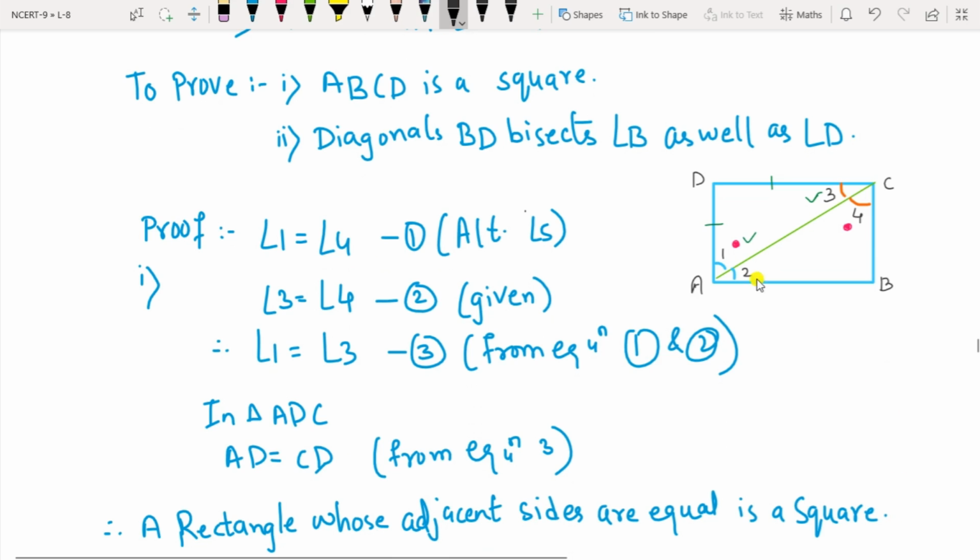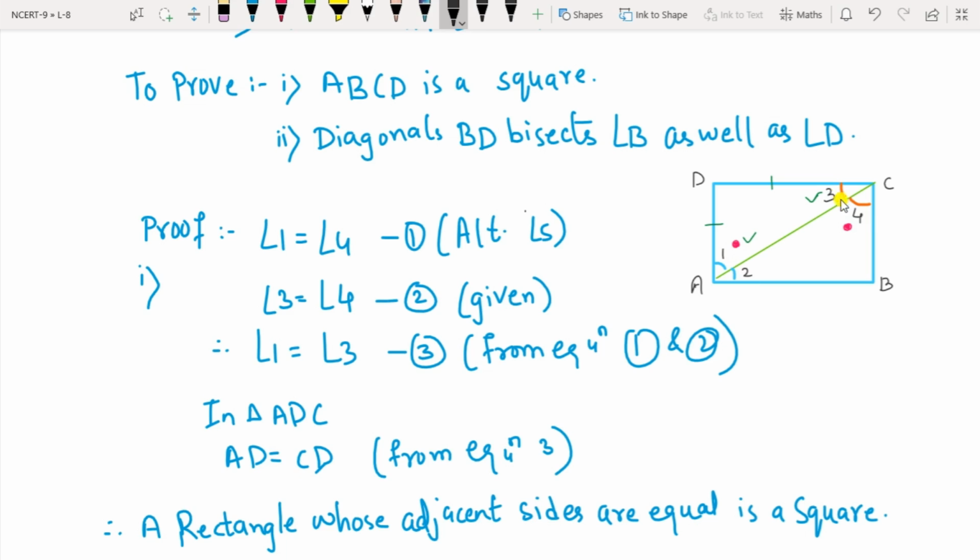Now same thing, 1 equals 2 is given, but 1 is equal to 4 because of alternate angles.